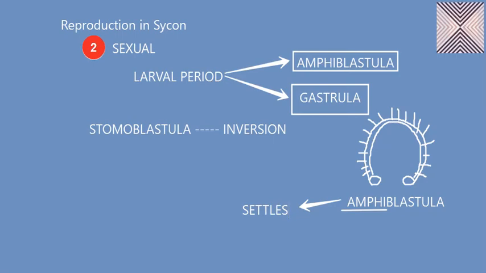When the macromeres touch the substratum, the touch stimulates the division again, and it starts the formation of the gastrula.